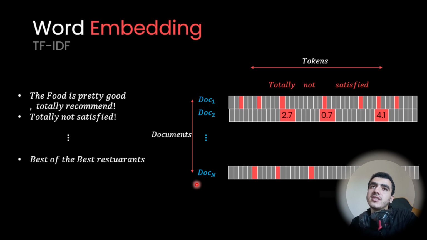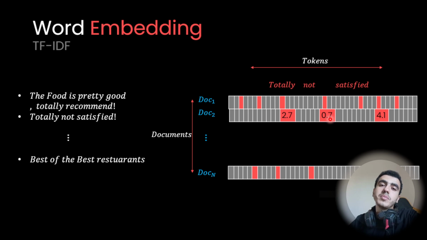For example, here I'm giving "totally" a high score, which means "totally" carries more information than "not", because "not" can be a low-priority, low-importance token since it exists across many different documents. And this is how TF-IDF generates its importance scores.